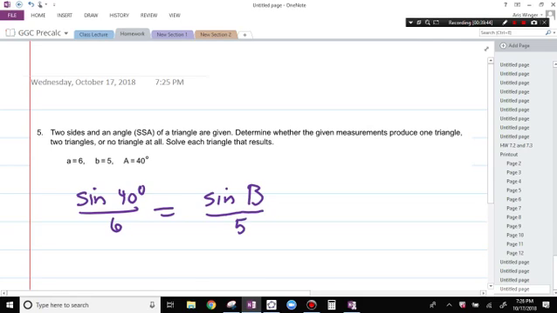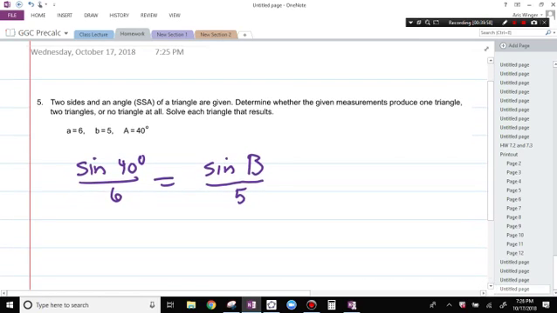This is our first foray into finding an angle. Now we have to find the angle B. We're still going to cross multiply, or we can just multiply the 5 on the other side. The sine of B is equal to 5 sine of 40 degrees over 6.